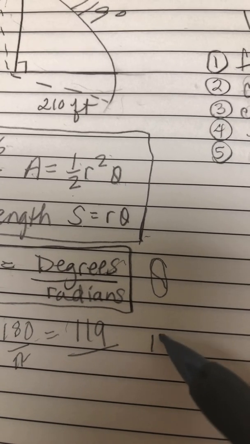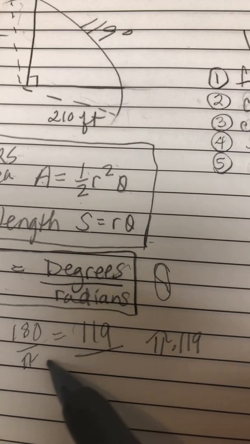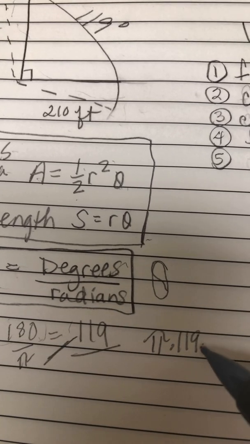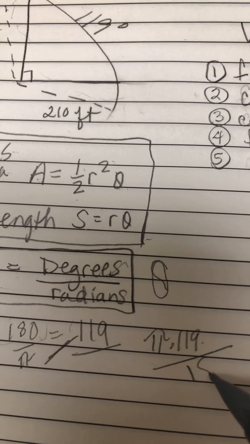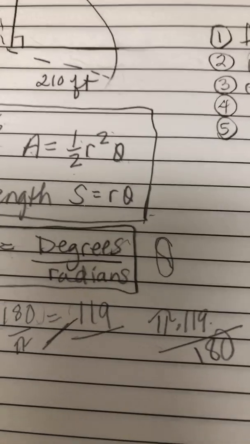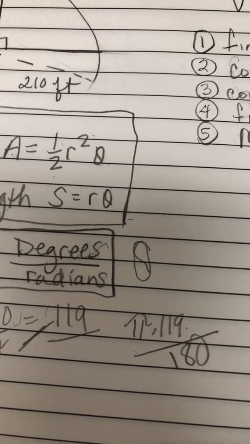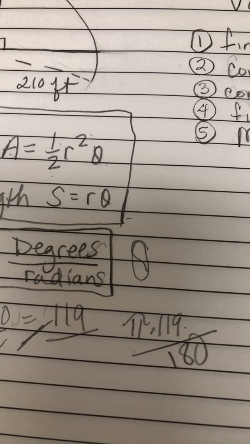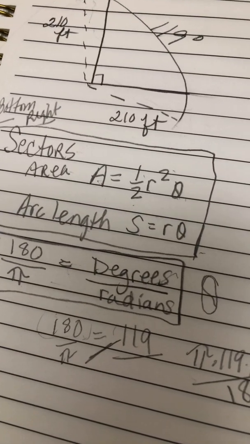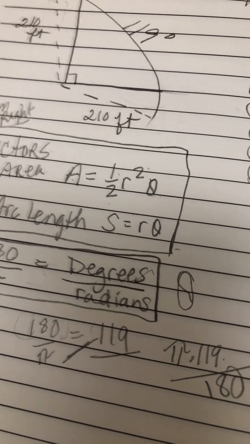So we're going to say pi times 119, and the number we didn't use was the 180, so we'll divide by 180. When we do pi times 119 divided by 180, we get 2.07694.